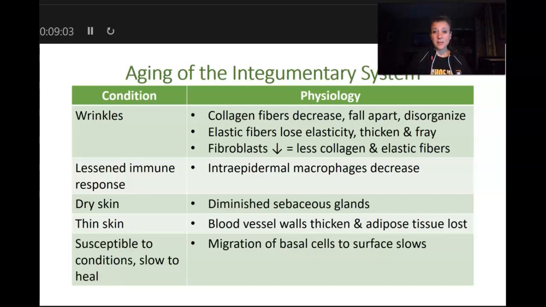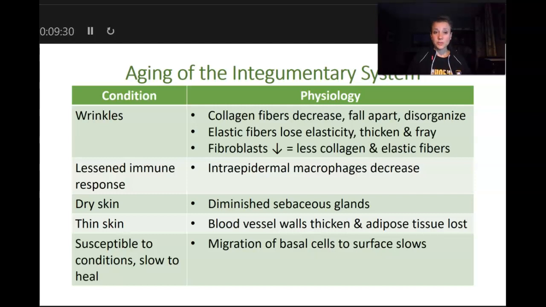Also, the fibroblasts, which are the cells of the dermis that secrete the monomers that make the collagen, their numbers are going to decrease. And so you're not going to have as much collagen or elastic fibers. And so all of that together is going to promote the formation of wrinkles in older people.